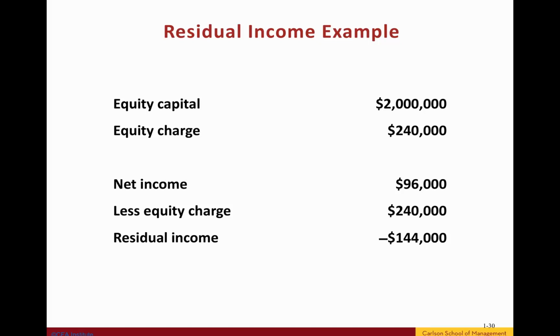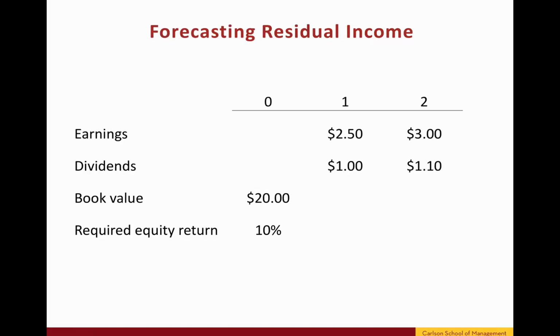So this company is not providing value or enough value to their equity shareholders because they're not able to actually compensate for that equity cost of 12%. So the residual income really helps us see, is the company able to provide value to their shareholders? And really, are they able to account for that cost of equity, which is 12%?